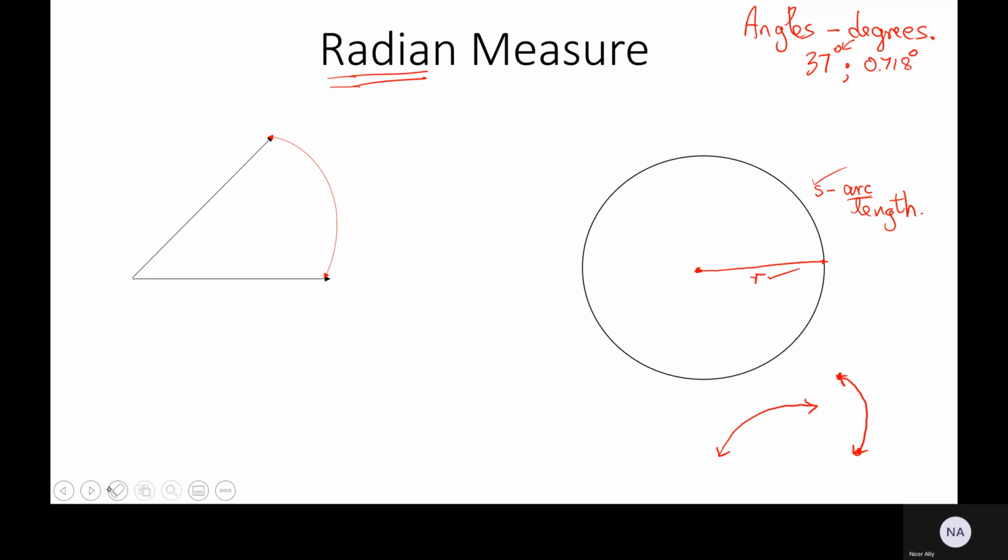Now, just to see that, let's simply erase this and consider another radius there. And in this case, the angle is now much bigger. That's angle theta. And now look at our arc length going right around.